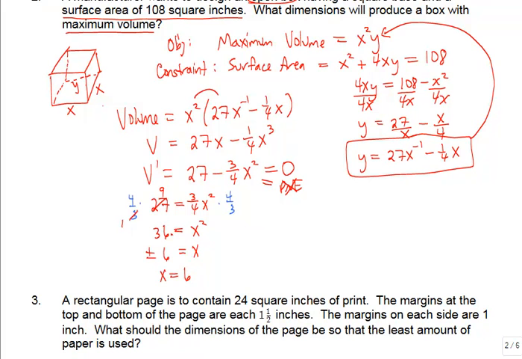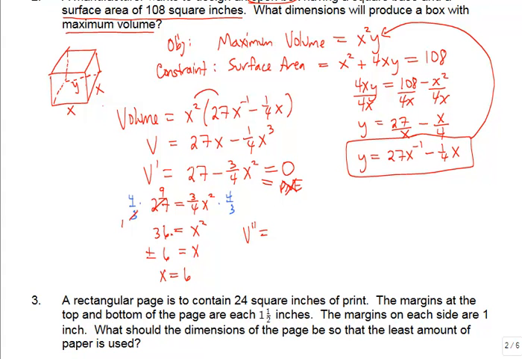Okay? Now, before we find out what y is, it's a good idea to verify that this 6 really is giving you a maximum and not a minimum or something else. So that's where that second derivative test comes into play. So the second derivative, v double prime, would be the derivative of this first derivative right here.